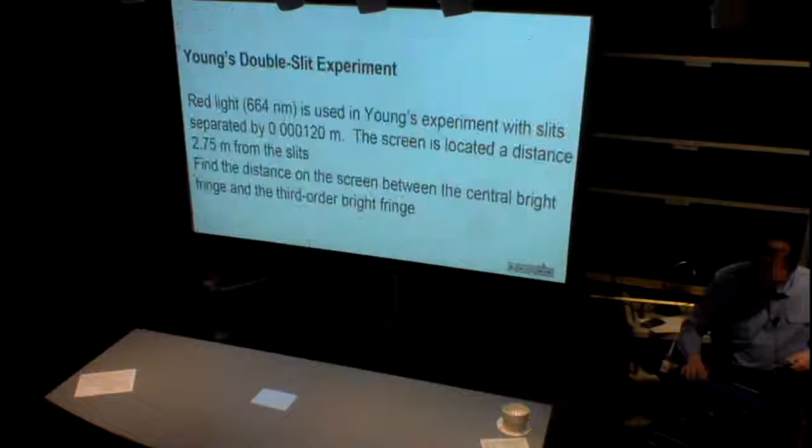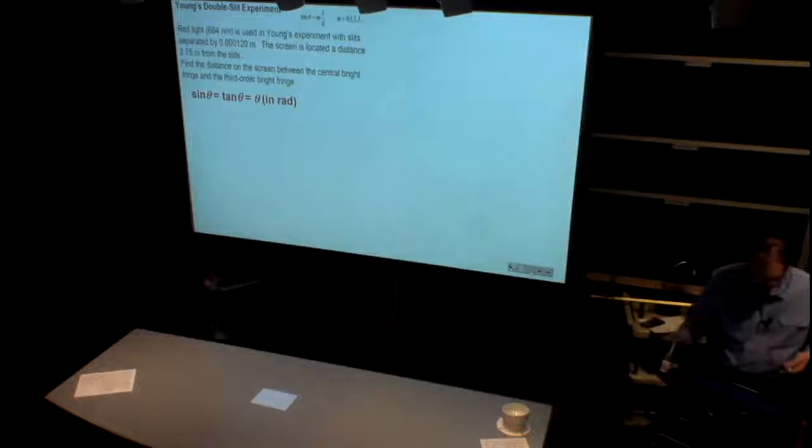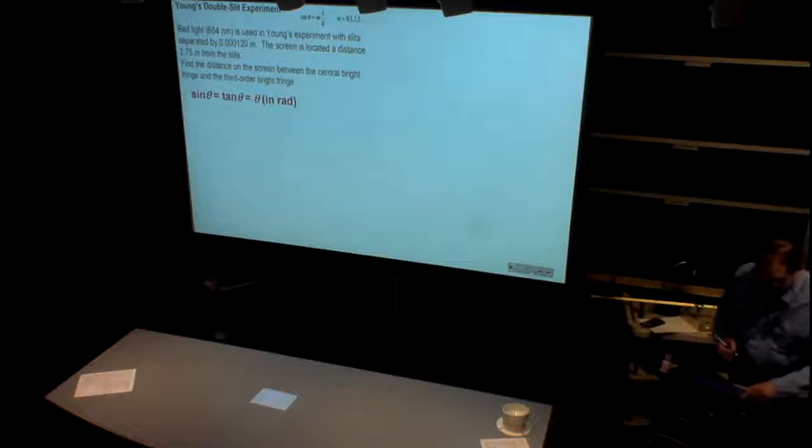Well, now let's just solve a specific problem. This is a Young's double slit experiment with red light traveling through a device. So what do we know?